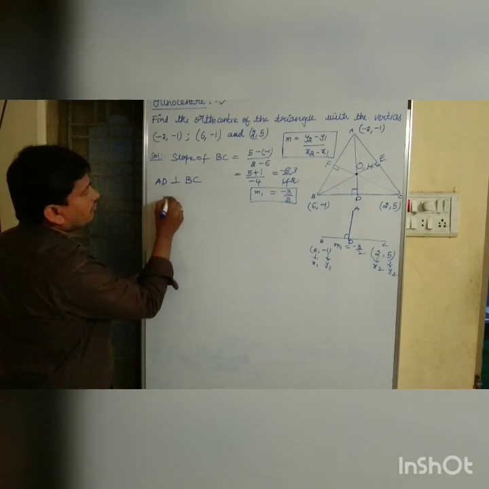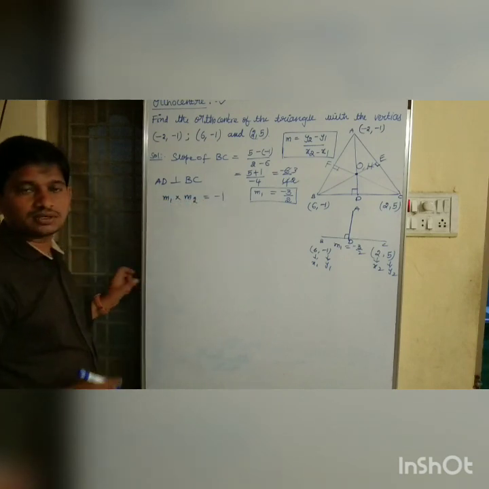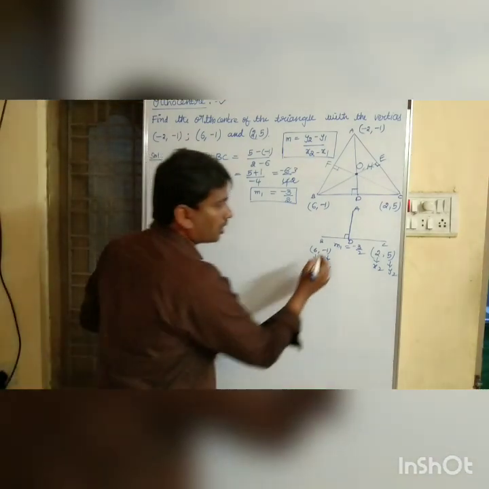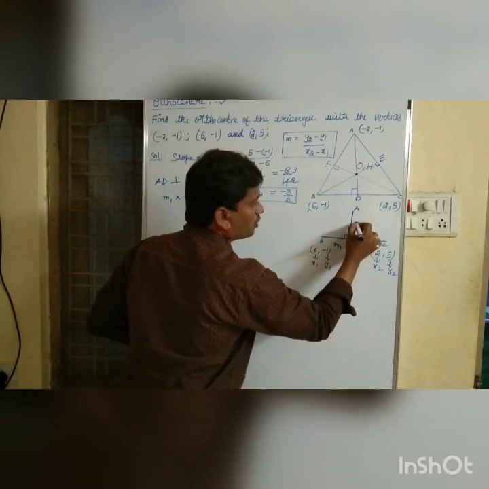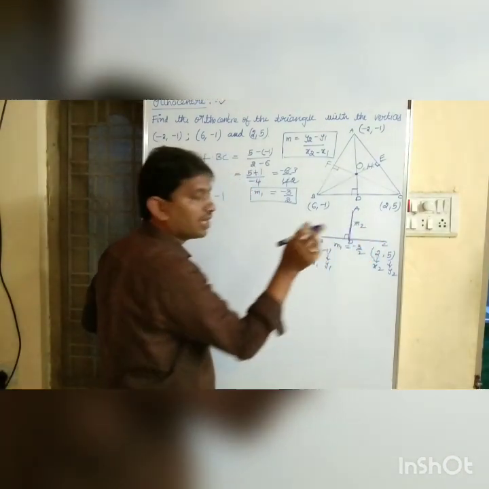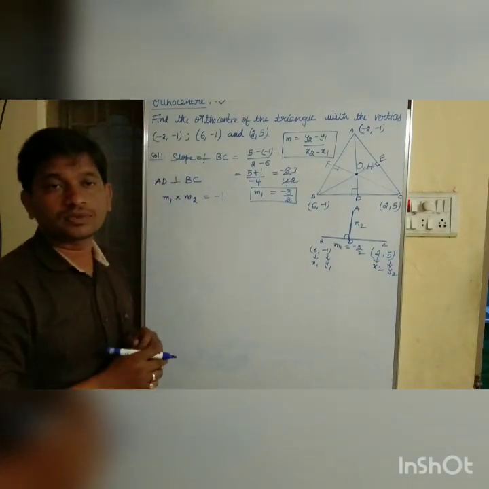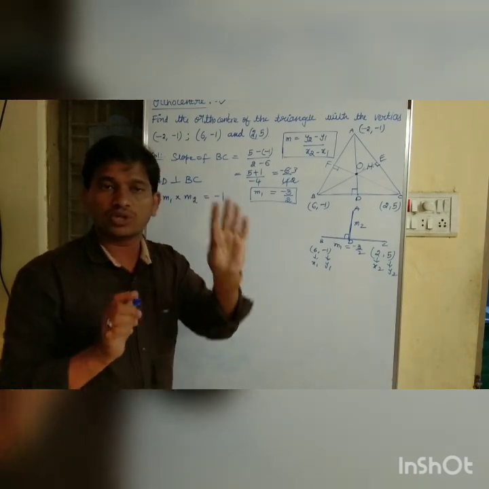I mean m1 into m2 is equal to -1, children. Are you understanding my point? We call the BC slope m1. If we call the AD slope m2, as BC and AD are perpendicular to each other, the product of their slopes is -1. We know that formula.